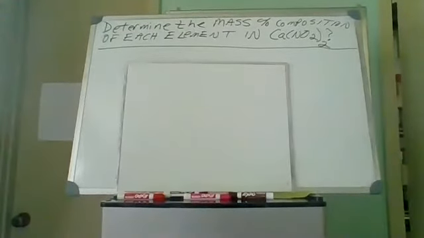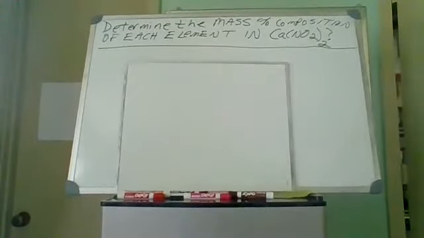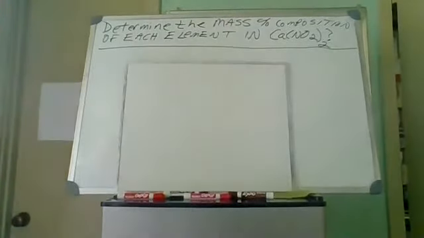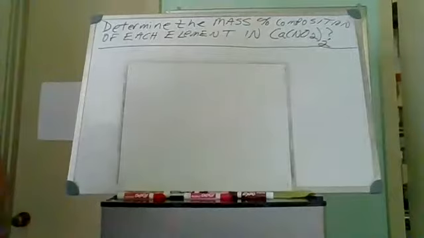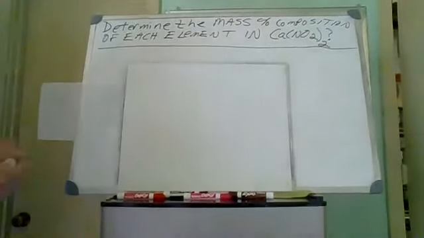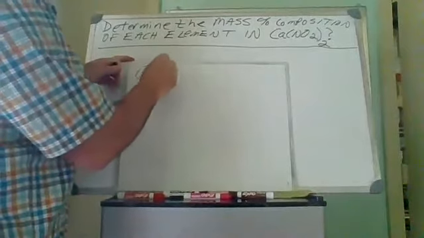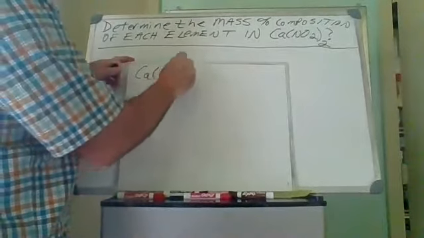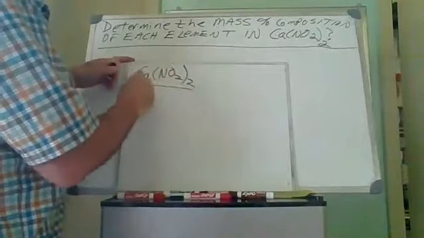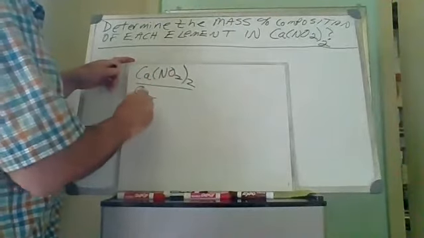So the very first thing we have to do is calculate the molar mass of calcium nitrate, the compound of interest in this problem. So I'm going to go ahead and do that on the small board here. So I write the formula unit, and 1 calcium.